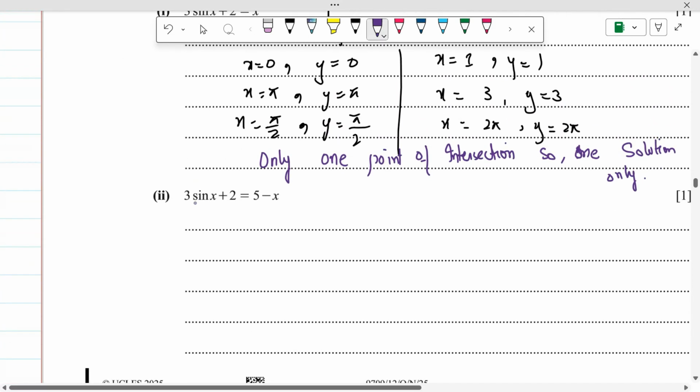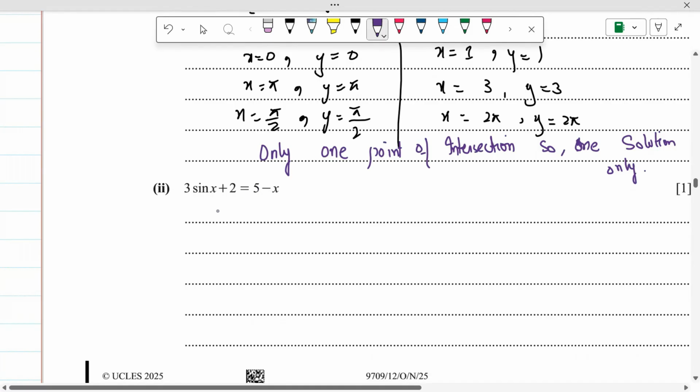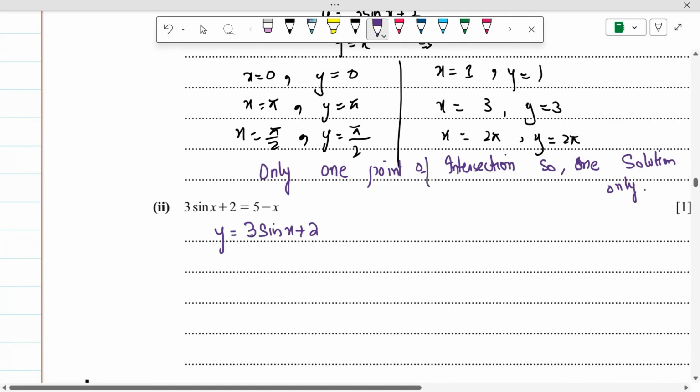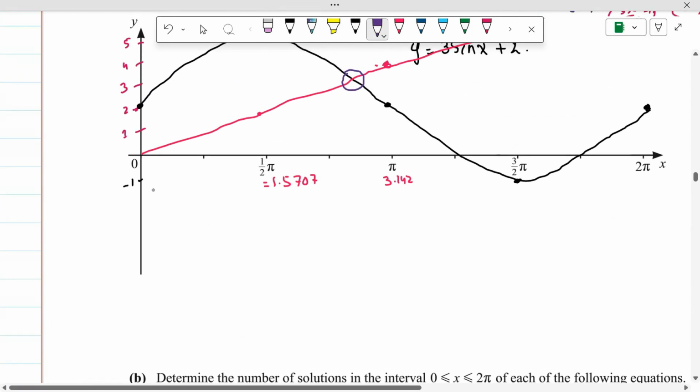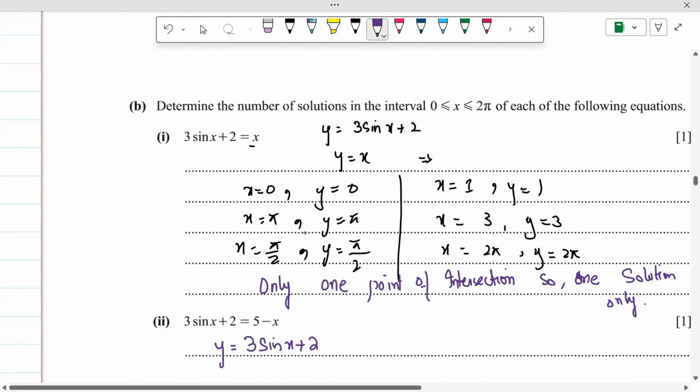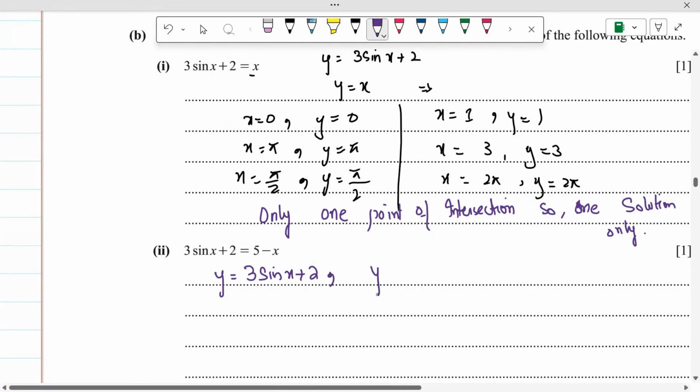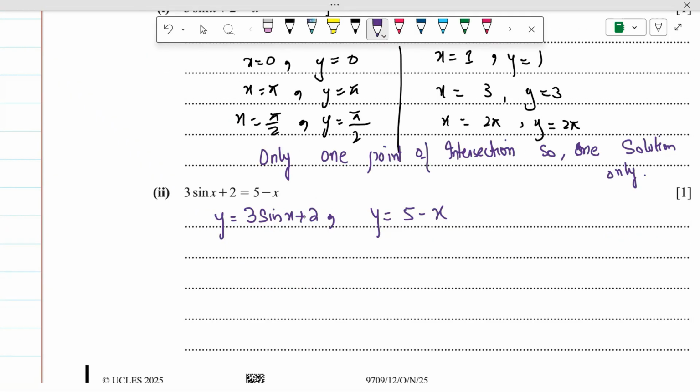Similarly, we have another equation, and we need to find the number of solutions of this given equation. We know that y is equal to 3 sine of x plus 2. This is the equation from part A. We already plotted this one as the black line, and we have another equation, y is equal to 5 minus x. If we solve these two equations simultaneously, we will get the number of points of intersection, and those points of intersection are the solutions of these two equations.